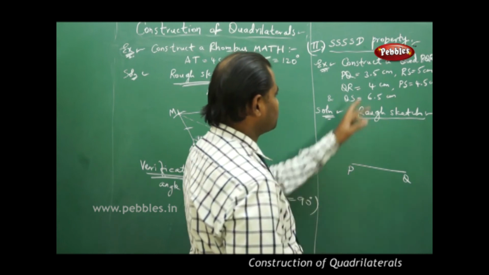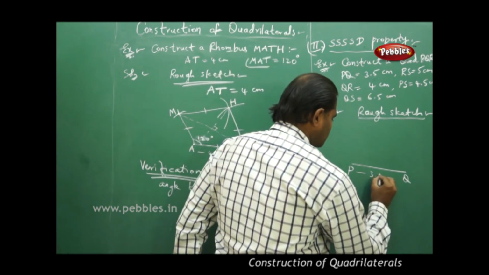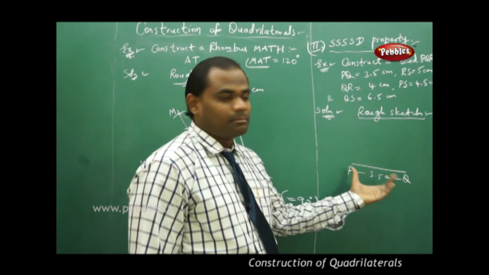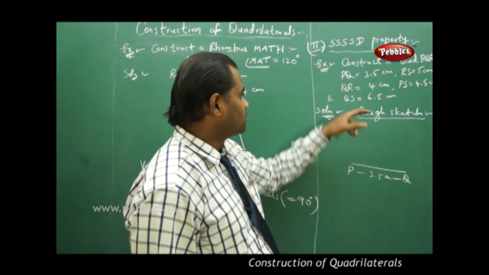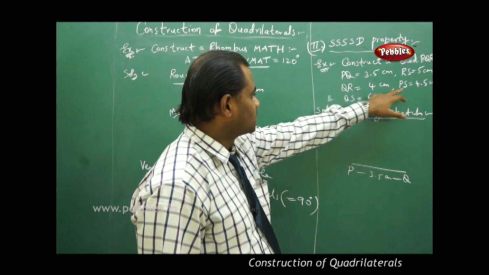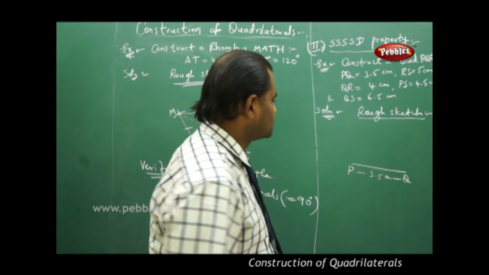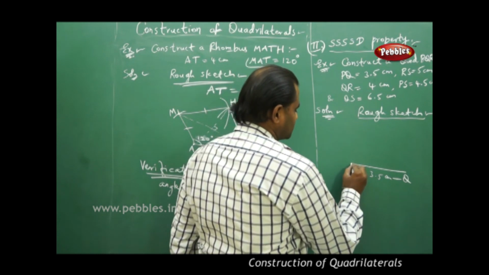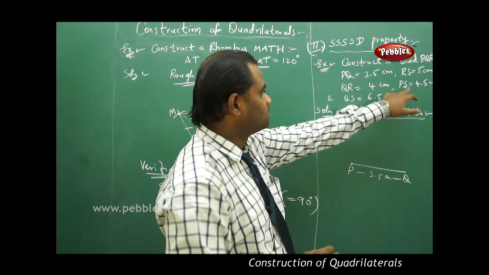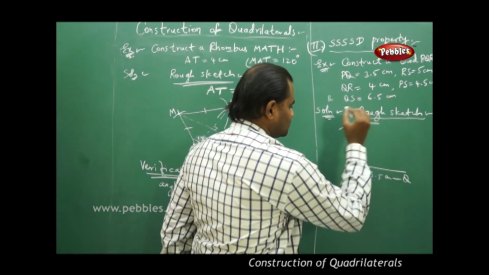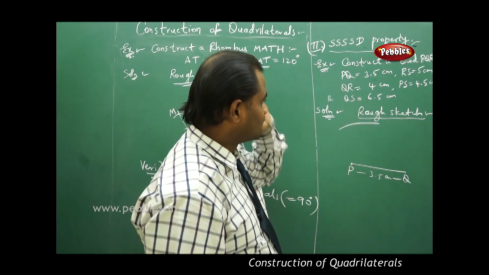Then make the measurement of 3.5 centimeters using the ruler. Once the base PQ is taken, from there I construct PS, which is 4.5 centimeters. So take the measurement of 4.5 centimeters from P and then cut an arc.